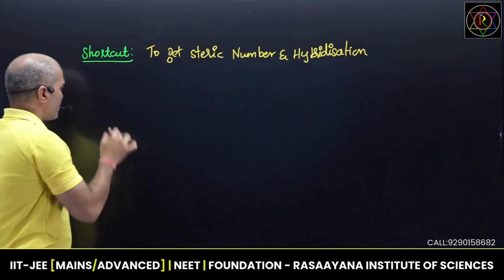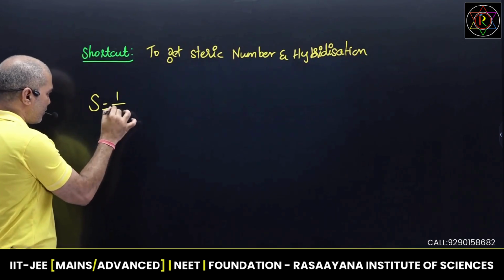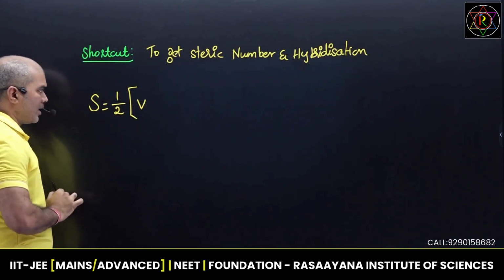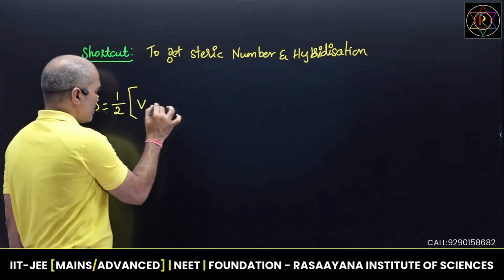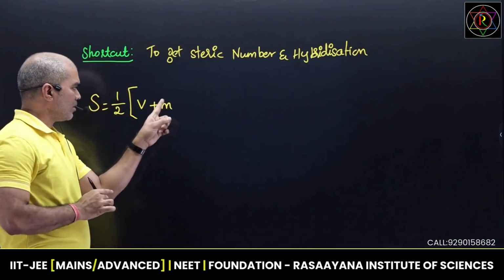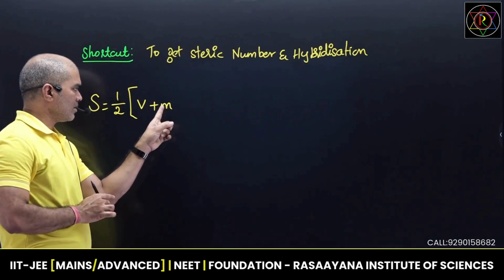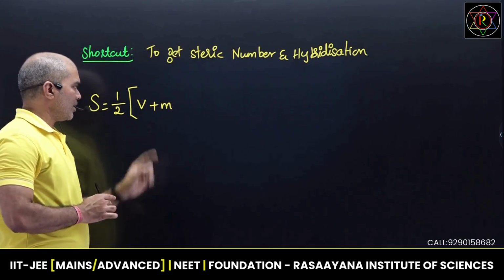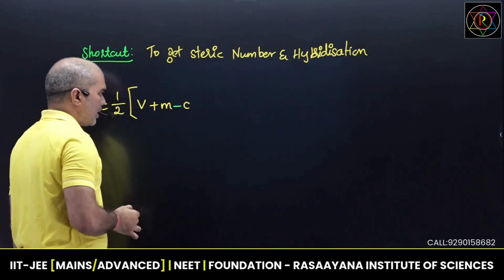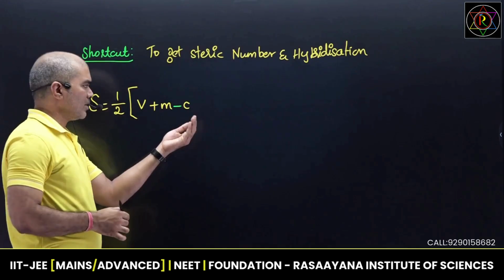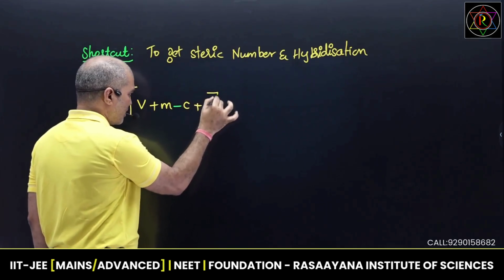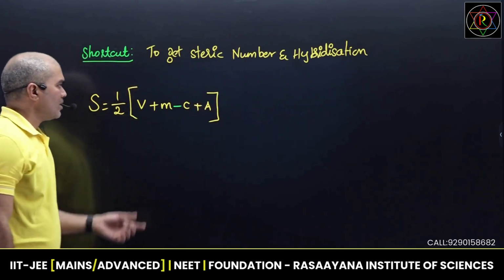The shortcut is: steric number equals half of V, the number of valence electrons of the central atom, plus M, the number of monovalent bonded atoms, which are the surrounding atoms, minus C, the cationic charges, which must be subtracted, plus A, the anionic charges, which must be added. This is the shortcut formula.